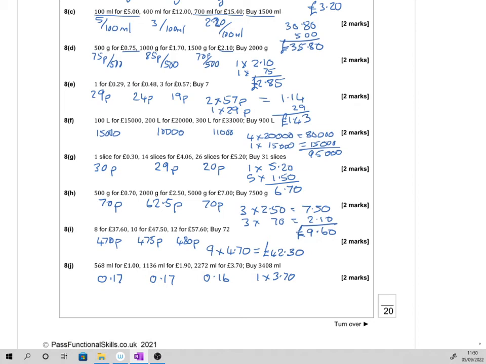Okay, now let's see how much we've got left over. 3408 take away 2272 is 1136. So I've got 1136 left over, which is exactly this one, isn't it? Yeah, and 1 times £1.90, which makes £5.60 the cheapest way.